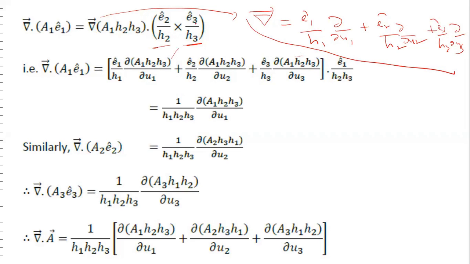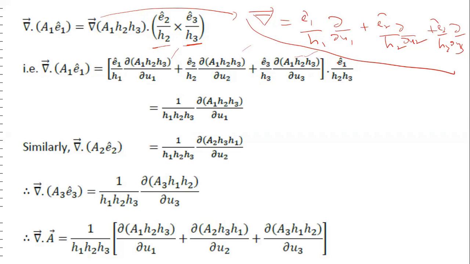Okay, e2 cross e3 is e1. So e1 upon h2 h3. So here you take the dot product now. There is a dot product here. e1 dot e1 is 1. e2 dot e1 is 0. e3 dot e1 is 0. So this term and this term, if you take the product with this, it's 0.